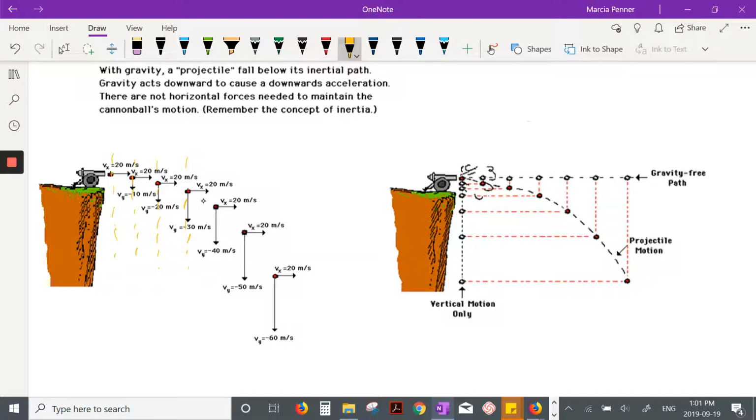So you could get out your ruler and you could measure each of these vectors showing the horizontal component of movement, and they would all be exactly the same, which in this case, according to the diagram, is 20 meters per second.